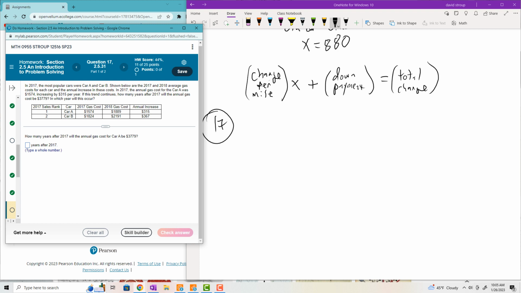If this trend continues, how many years after 2017 will the gas end up costing $3,779? And in which year will this occur? Okay, so the question you have to answer: how many years after 2017 will the annual gas costs for car A be $3,779? So notice they don't ask anything about car B.